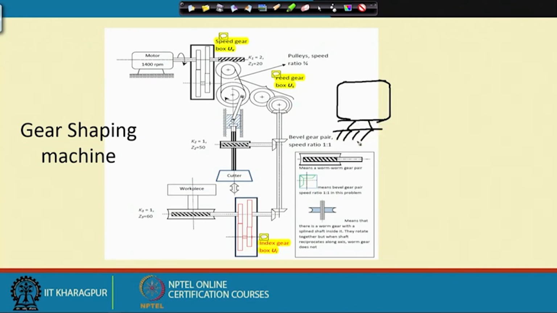Now, what are my outputs? First of all, as we discussed, the cutter is moving up and down. So, I write cutter. The cutter is slightly trapezoidal, so that it has cutting edges at the front, but otherwise it is just another gear.